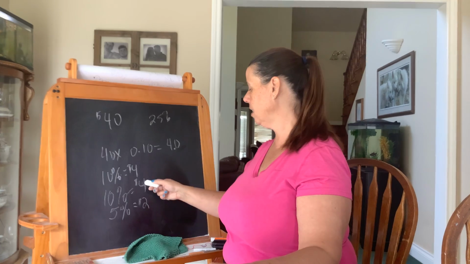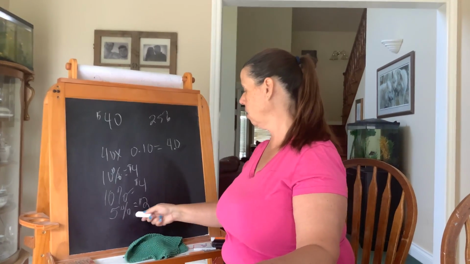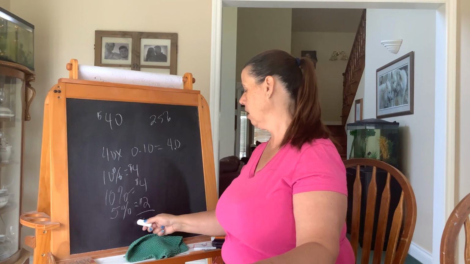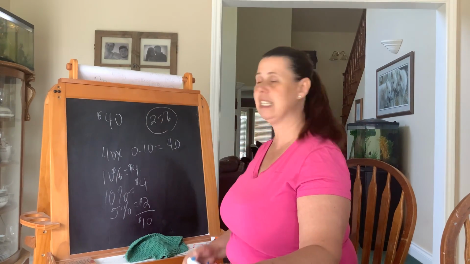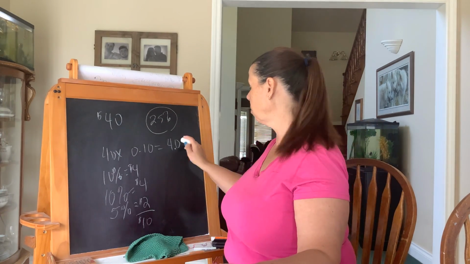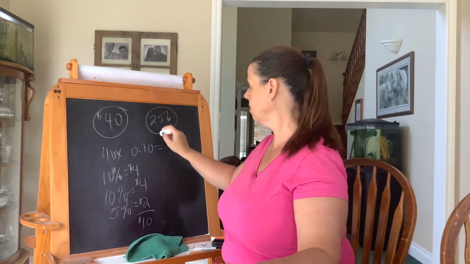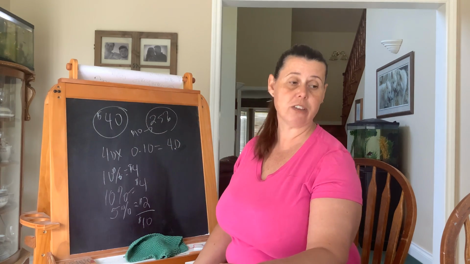So I've got 10, 10, 5. 10, 10, 5 makes 25. So 4 and 4 is 8, and 2 is 10. So that means the 25% discount is 10 bucks. The shirt originally cost $40. The discount is $10. So how much do you actually pay for the shirt?